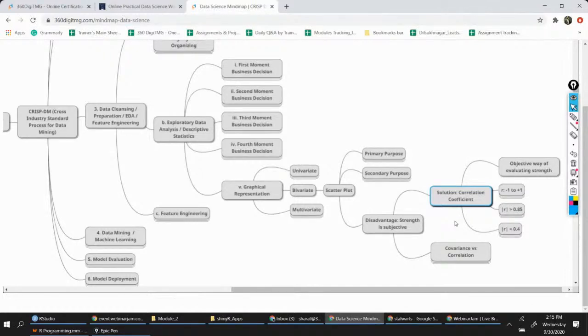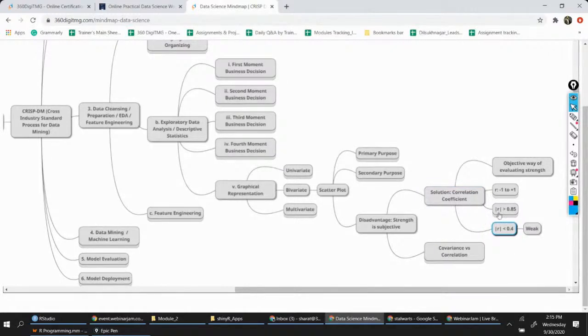And as I said, different textbooks, different people have different opinions here. If it is less than 0.85, then it could be moderate or weak strength. How you define what is weak and what is moderate is up to you. Different books come up with different strategies. We can say anything less than 0.5 or 0.4 is a weak relationship, and between these two, it is moderate. But always remember, small r can take a range of values which span from -1 to +1 only. If you talk about magnitude, then it is from 0 to 1.